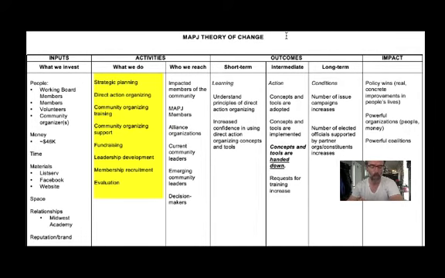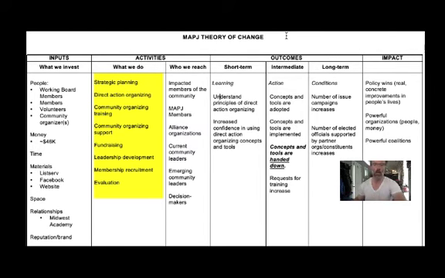At the end of the day, it's just a tool to help us all have the same theory and strategy in our minds about how we're going about pursuing our mission. It's a very efficient way to describe basically everything that we're doing.